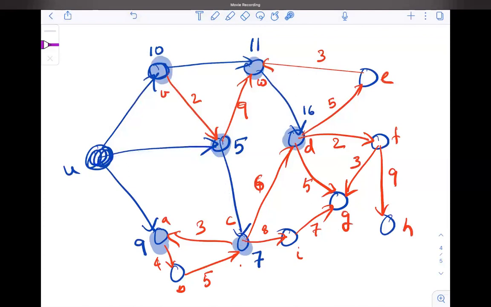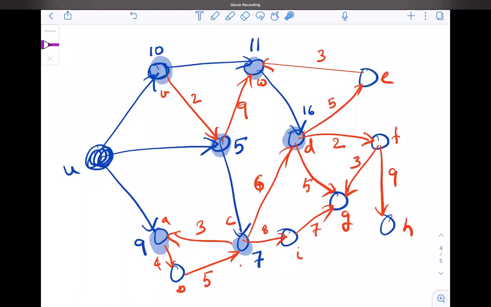If I want to go through U to A, I know shortest path is this. If I want to go through U to W, I know the shortest path is this.